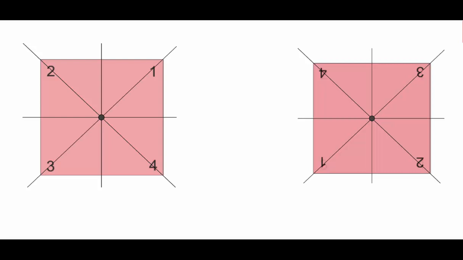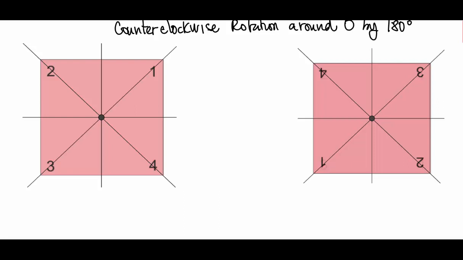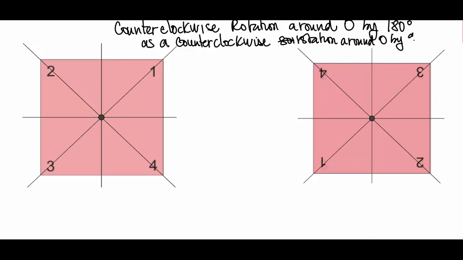We can think of a counterclockwise rotation around O by 180 degrees as a counterclockwise rotation around O by 90 degrees composed with itself.